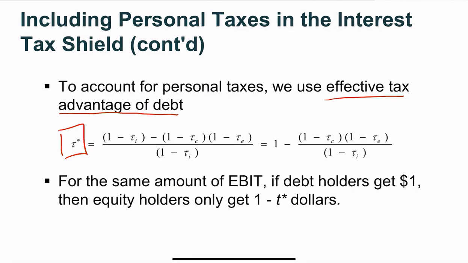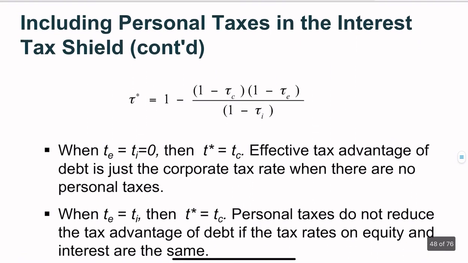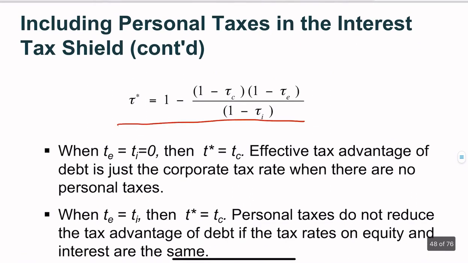So basically, even with higher personal taxes on interest income, we still generally consider that debt has some positive tax saving benefit, right? That's why you get $1 from debt, but you will only get 1 minus T star dollars from equity. And now let's look at this formula, which gives you the effective advantage of debt.